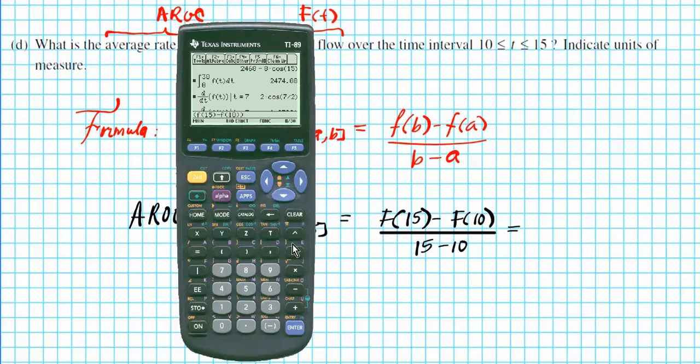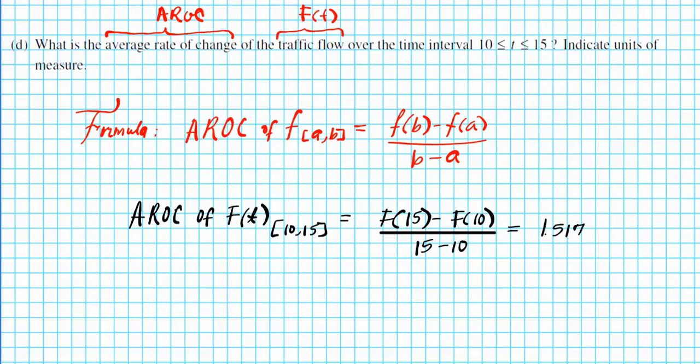Now that's the numerator. The denominator is 15 minus 10, which is 5. Then I hit enter to get an approximate result. So we have 1.5175. Okay, so we're going to get 1.5175.